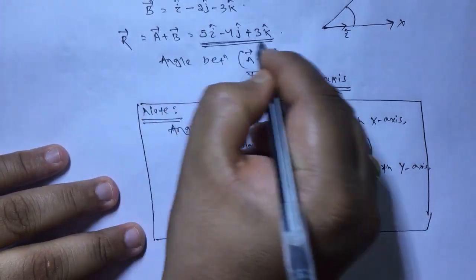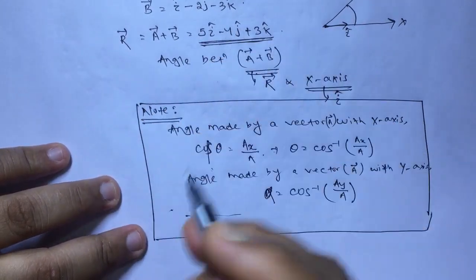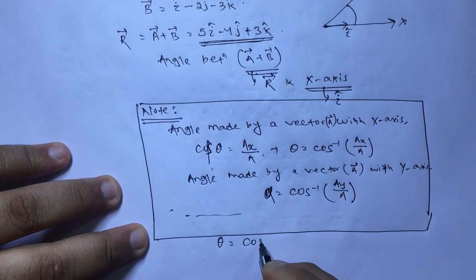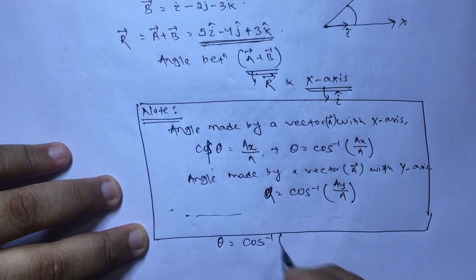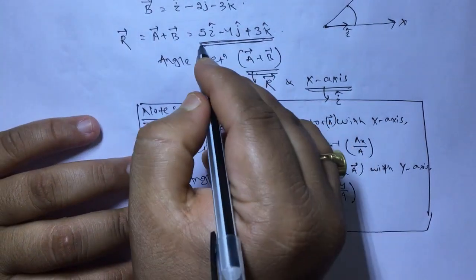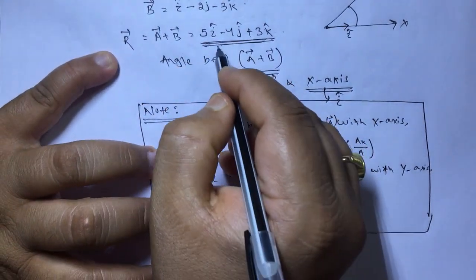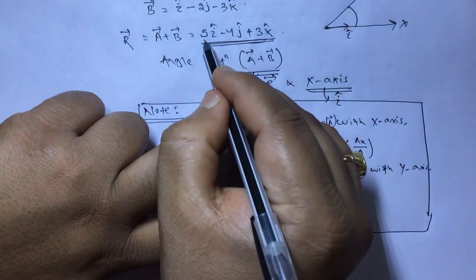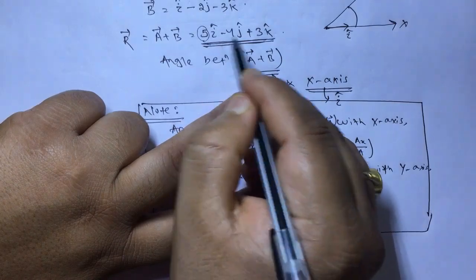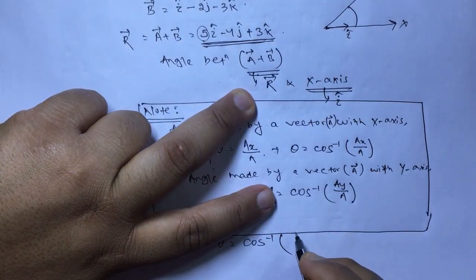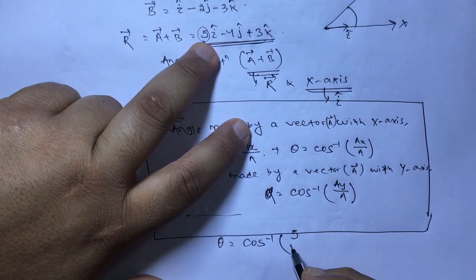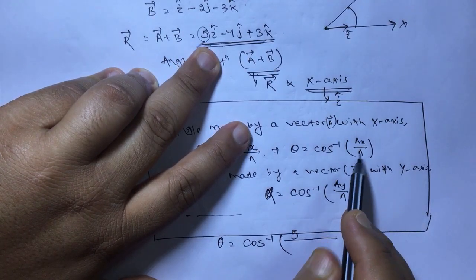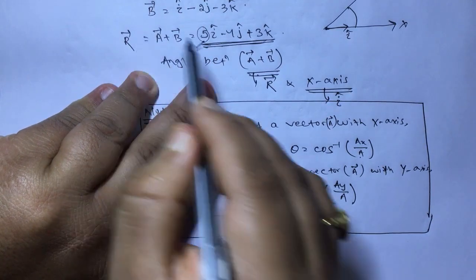So the angle between this vector and x axis. So what will be the answer? Using this formula, theta will be equal to cos inverse of rx divided by r. You are finding the angle between R vector and x axis. So what is rx here? 5, divided by the R vector magnitude.